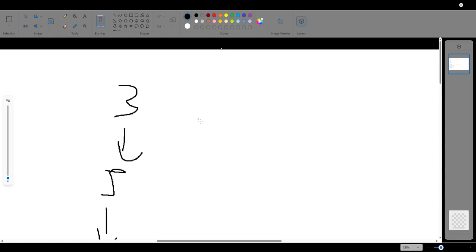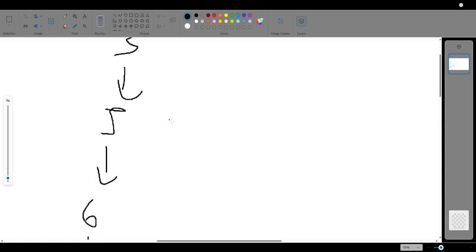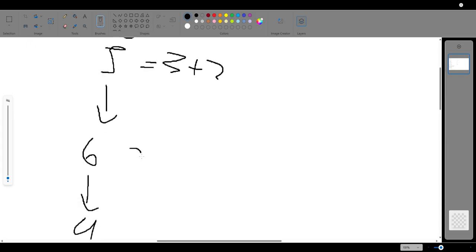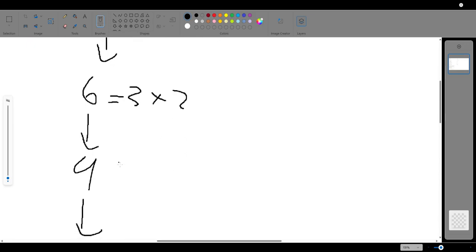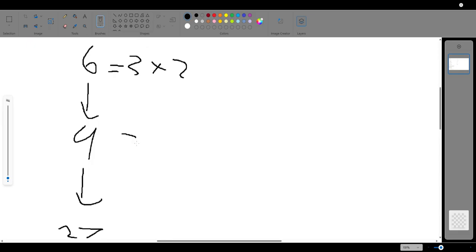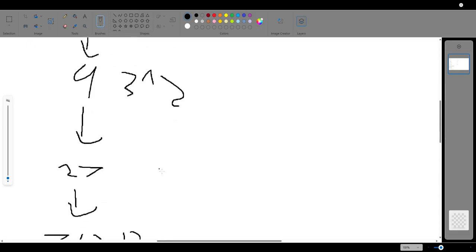So, yeah, let's start with 5. What could we narrow 5 down to? 5 can equal 3 plus 2. 6, that would be 3 times 2. 9, that could be 3 to the power 2. 27, that could be 3 to the power 3.